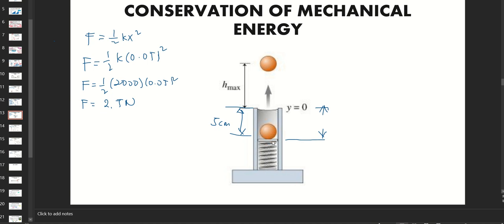Tapos ibubulusok na pataas yung object. Oh, what will be the height of the ball? So at this point, the potential energy, okay, so at this point, Newton, force yan eh.